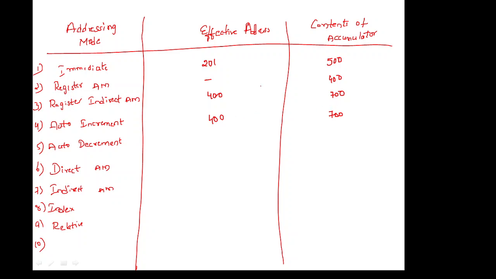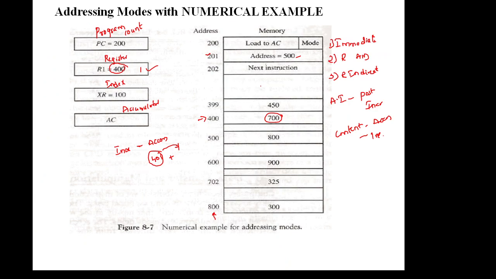Auto decrement addressing mode. Auto decrement addressing mode is also similar to register indirect addressing mode. That means we have a register, that register contains the effective address, and that is going to be decremented. Auto decrement follows pre-decrement. Pre-decrement in the sense, first it will decrement and then it will be accessed.